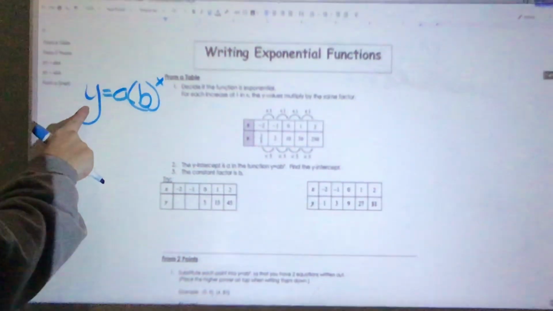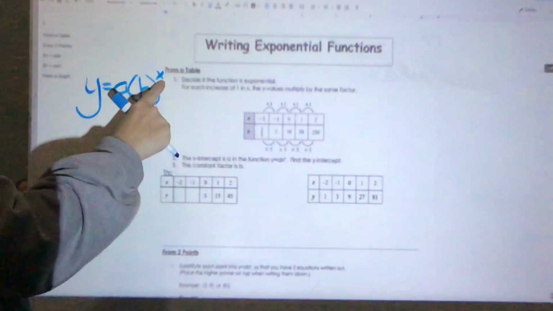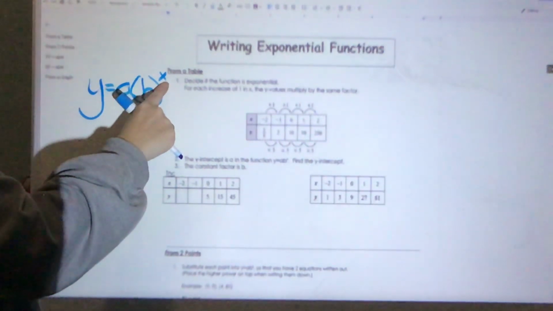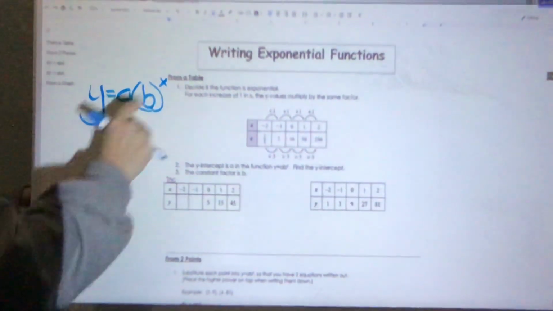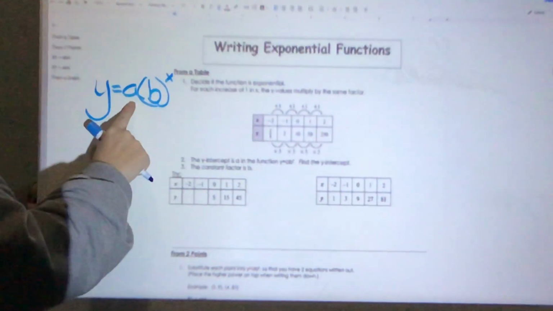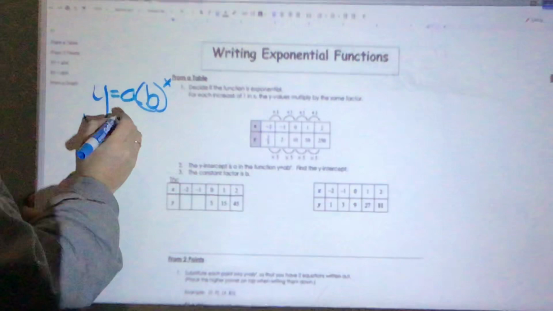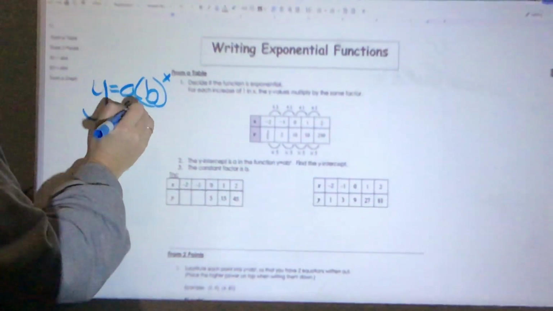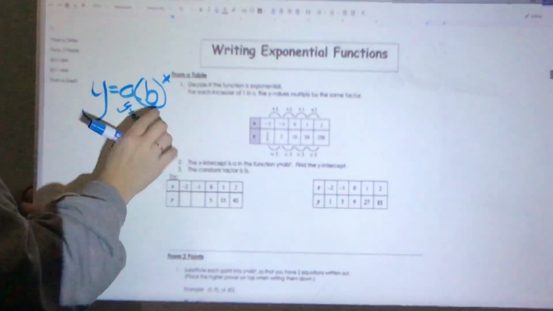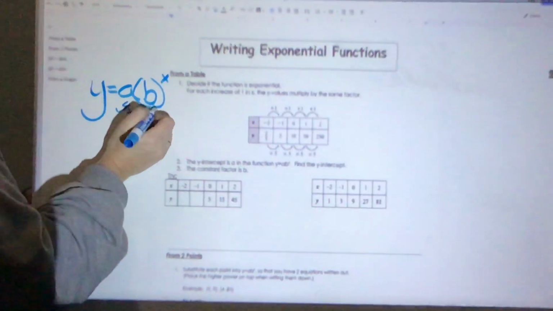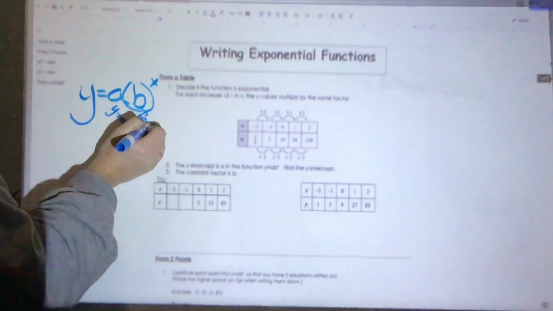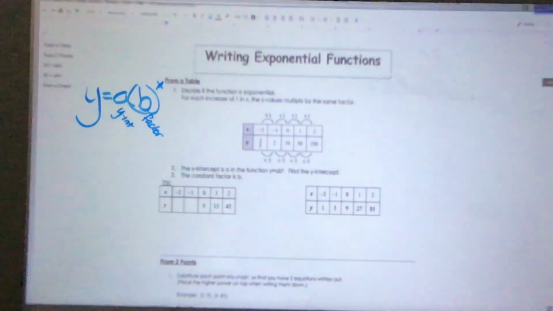So our y is still our output, our x is our exponent. A, if you remember from what we've done on Monday, a is always your y-intercept. And the b is the growth or decay factor. It's the factor that you increase or decrease by each time you move along on x.